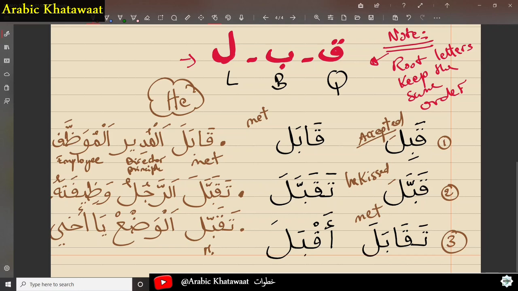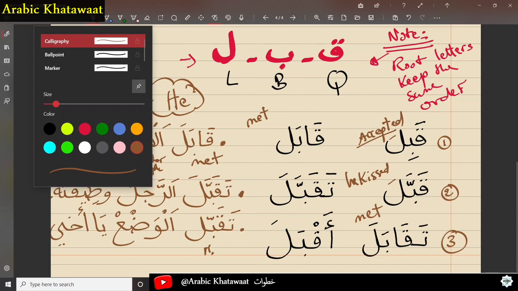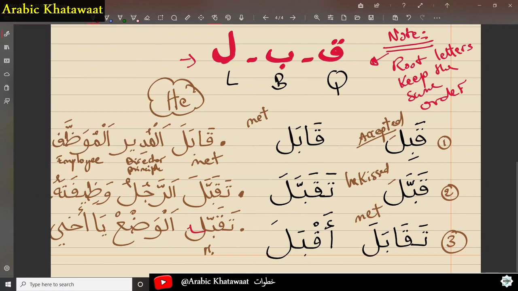And if we're saying it to a girl, we would say تقبلي الوضع يا أختي. So a girl would be تقبلي, and then you would say أختي. So this is just an example of how you can have totally different patterns and still have the exact same root because they're sharing something in common.